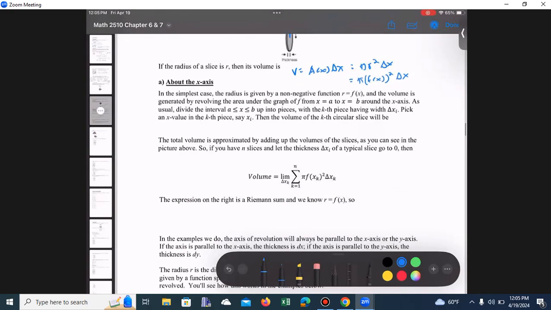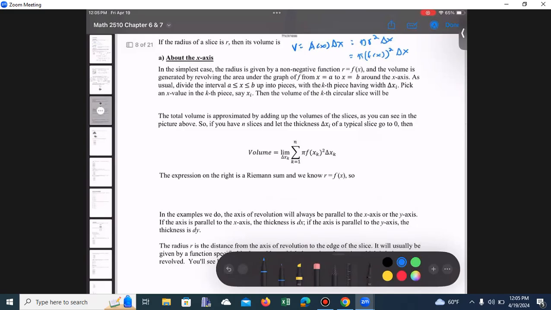And so we get all these disks that we're summing up to build this volume, and the function is going to change the area as we go along. So we end up getting an integral from a to b of pi the function squared dx.